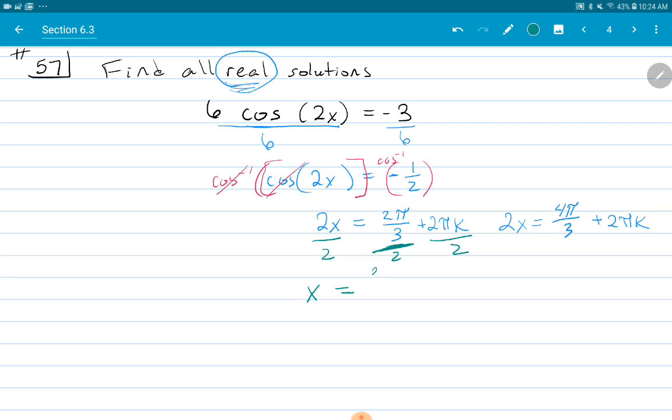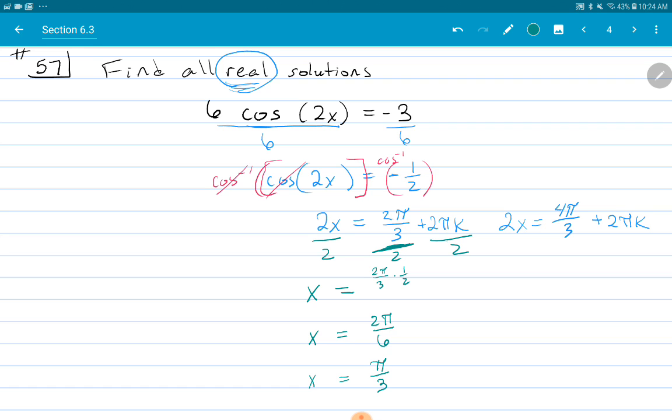Let me show you what that looks like. 2 pi thirds divided by 2 is the same as times 1/2, which gives me 2 pi over 6, or pi over 3.